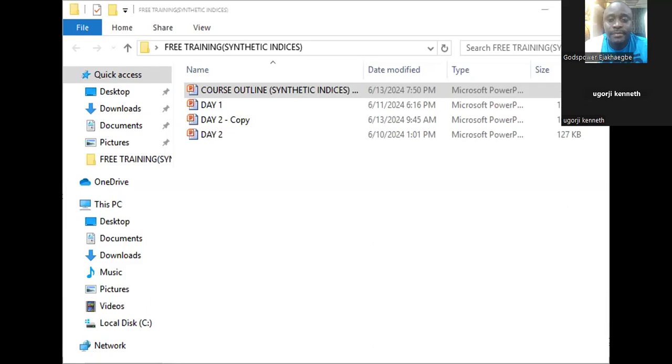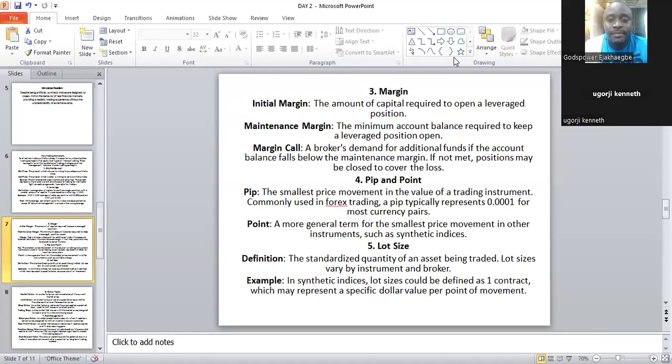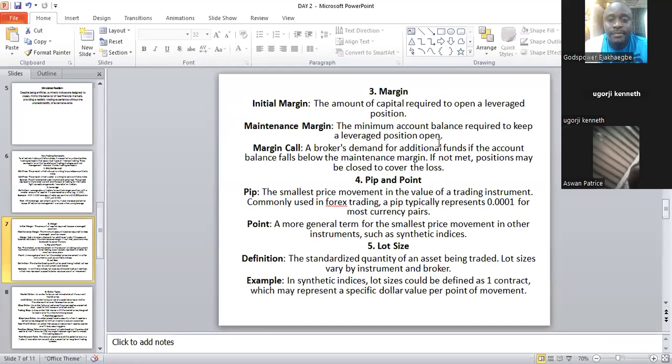Now, the first one I'd like to go with directly is pips. We all know many of these things, and we're going to dive into it directly. On my screen, the pip is the smallest price movement in the value of a trading instrument, commonly used in forex trading. A pip typically represents 0.0001 for most currency pairs.